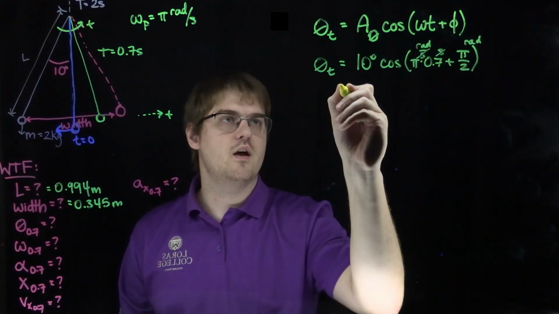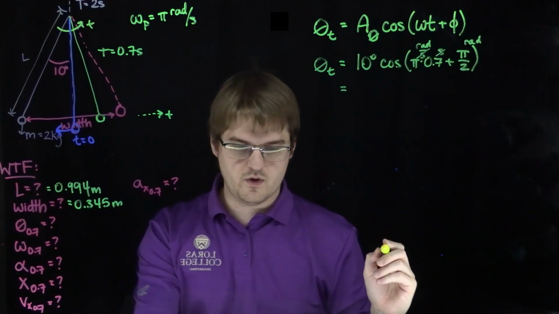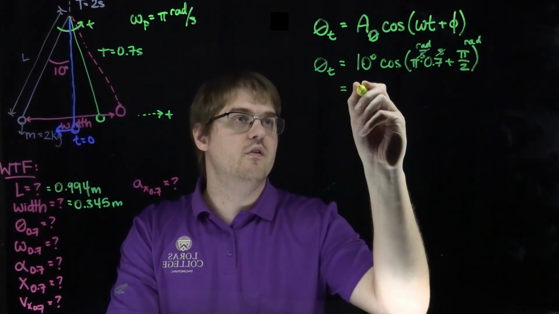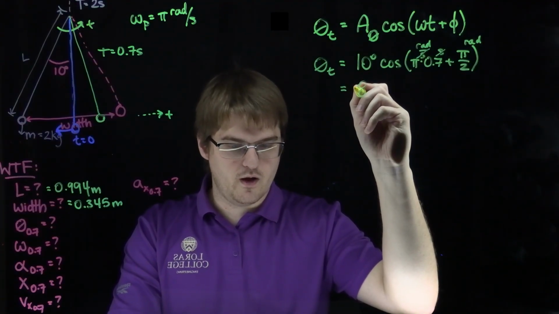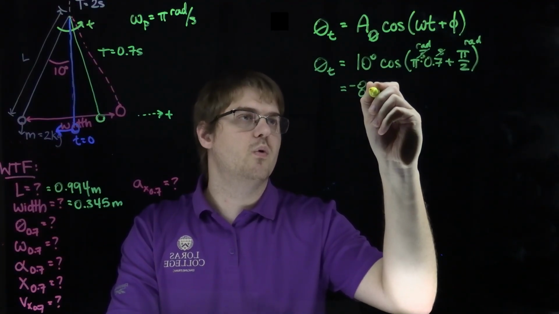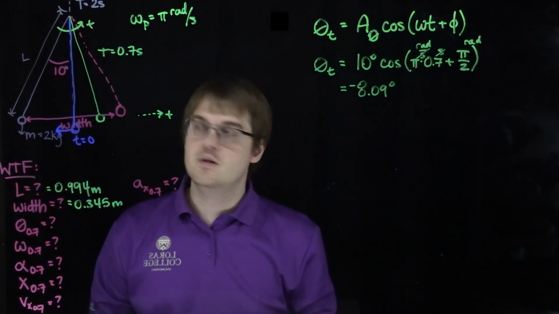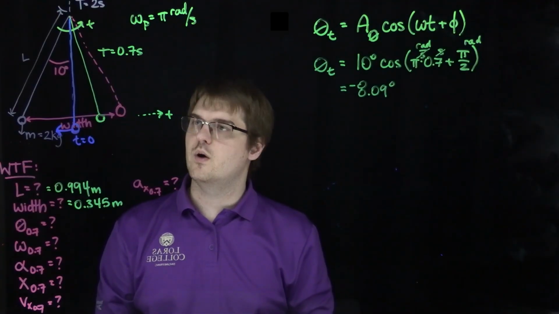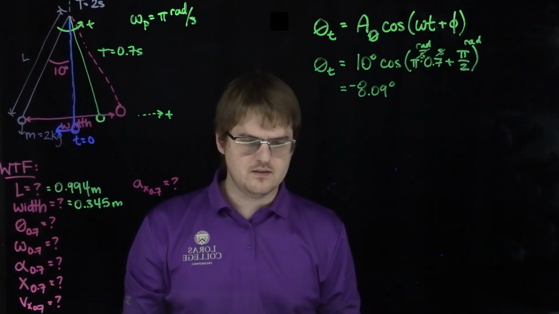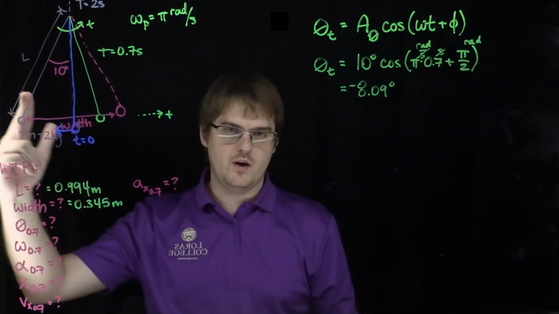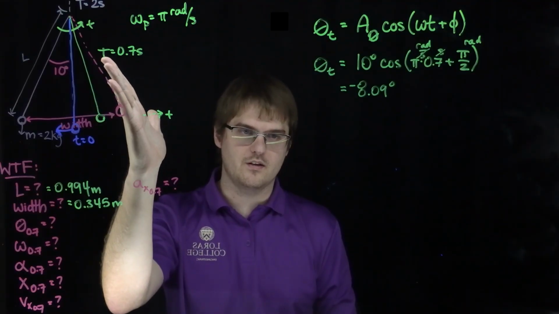So this comes out to be a theta at 0.7 seconds of, where do I have my number there? Negative 8.09 degrees. My guess position is incorrect. We've actually been going this way, and it makes sense. So we said that all the way to the left and all the way across is 1 second.